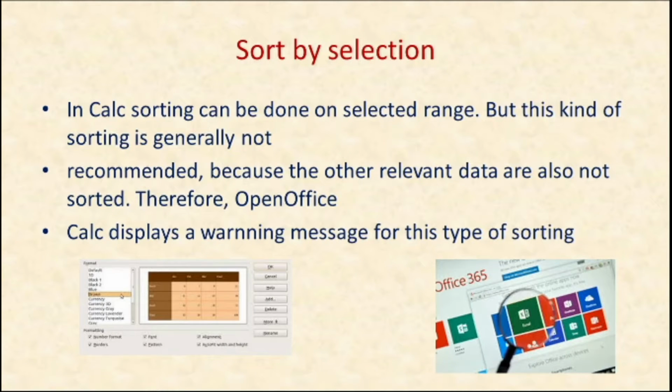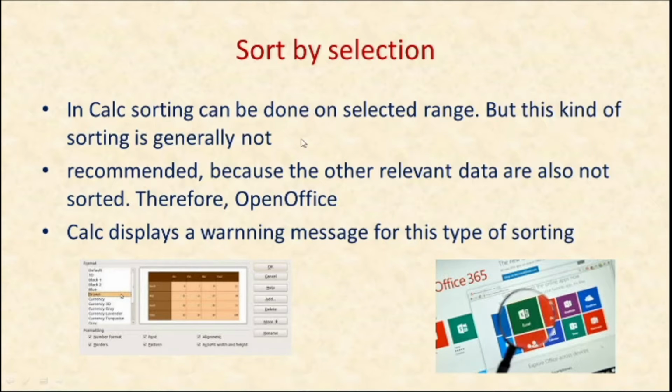Sort by selection method. You see, in Calc, sorting can be done on a selected range, but this kind of sorting will generally not be used in OpenOffice Calc. It is not recommended, because the other relevant data are not sorted. Therefore, OpenOffice Calc displays a warning message for this type of sorting.